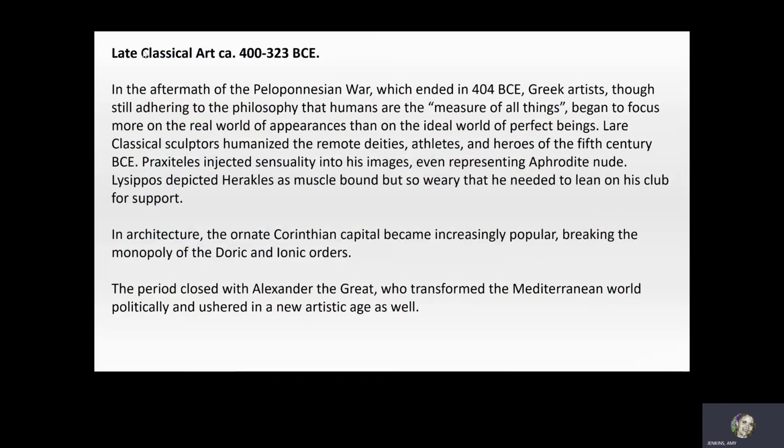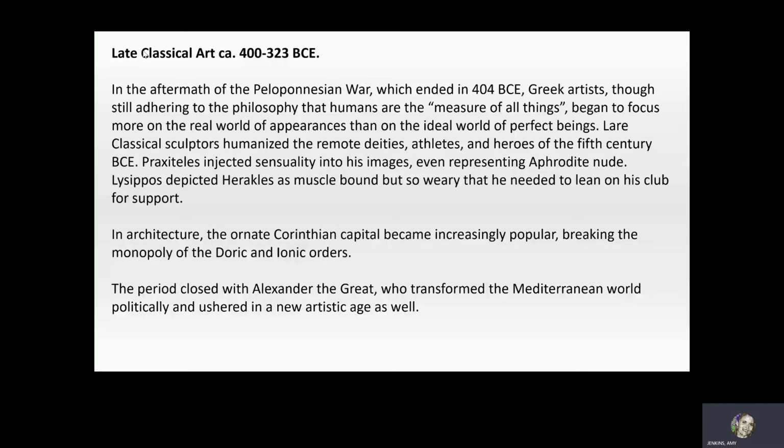So in the aftermath of the Peloponnesian War, which ended in 404 BCE, Greek artists, though still adhering to the philosophy that humans are the measure of all things, began to focus more on the real world of appearances than on the ideal world of perfect beings. Late classical sculptors humanized the remote deities, athletes, and heroes of the 5th century.